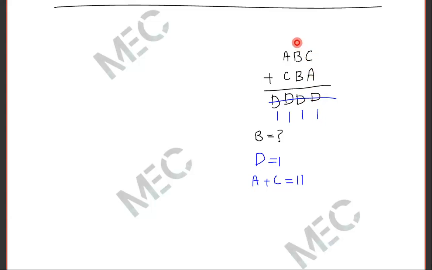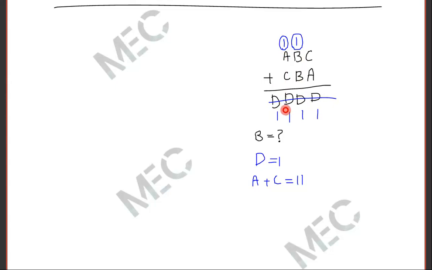1 goes here, 1 goes to the tens digit, and then 1 plus 2B makes either 1 or 11 again. If this sum is 11, 1 goes here, 1 goes up, and then 1 plus 11 would be 12, which makes it incorrect.